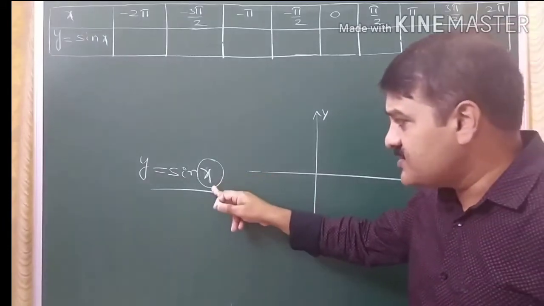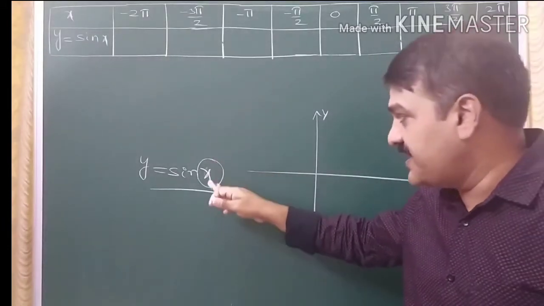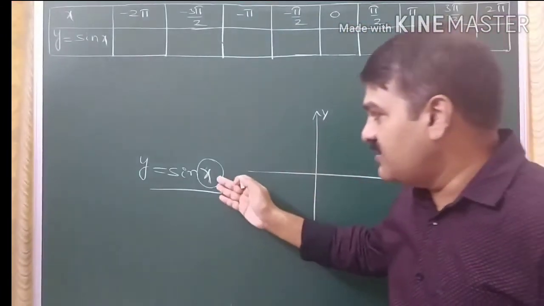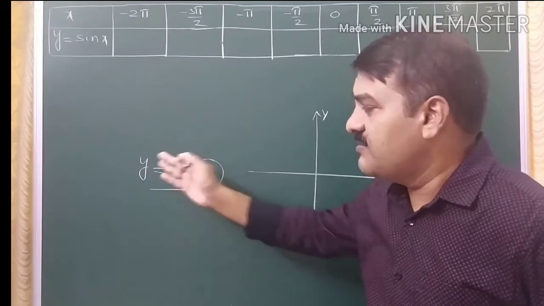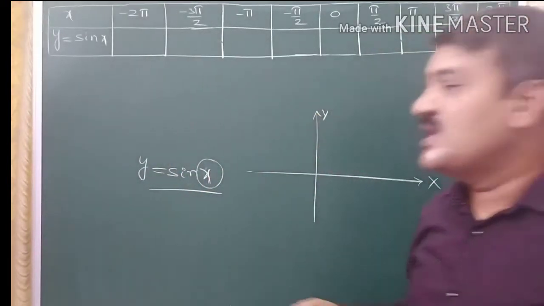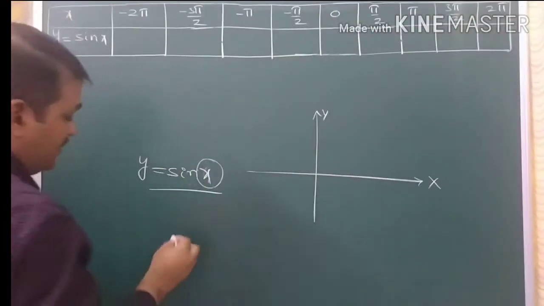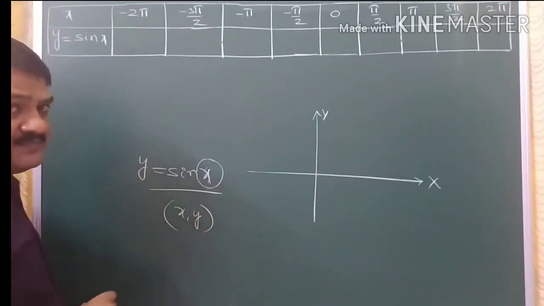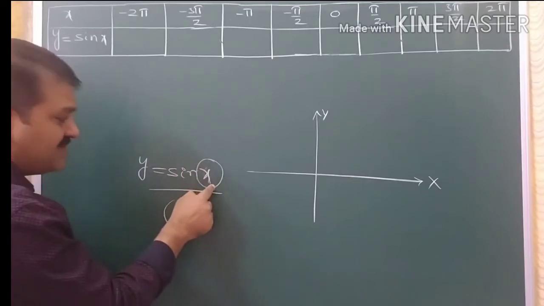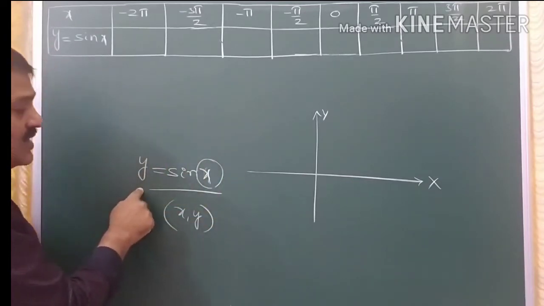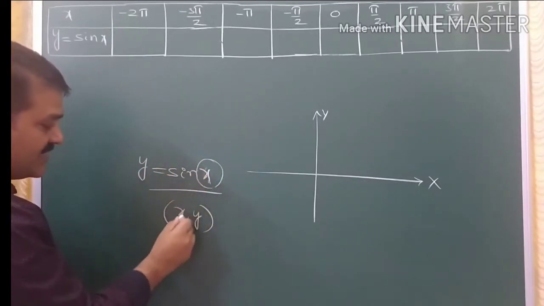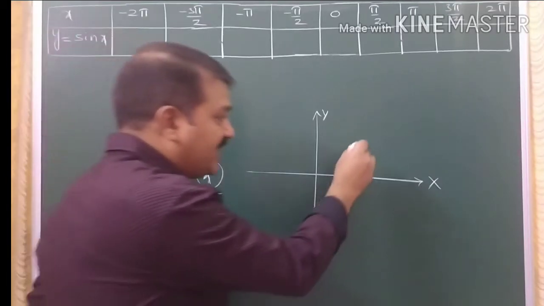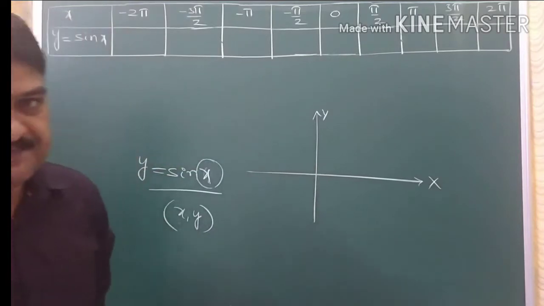Now, by taking some suitable values in place of x, we will find y values, and the combination of these two, that is the ordered pairs x comma y, are plotted in the coordinate plane.